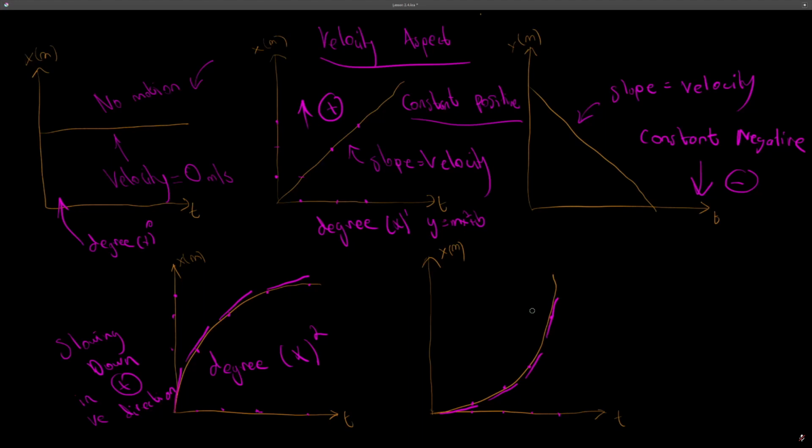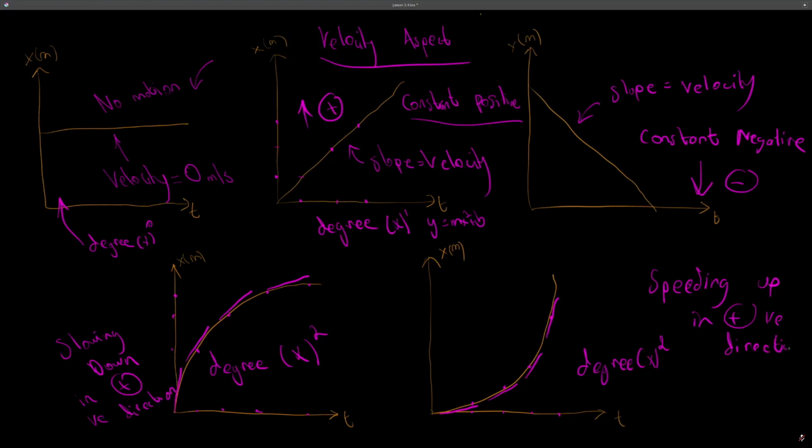So again, it's a parabola, so the degree here is 2, and it is speeding up. Now in which direction? We need to mention direction because it's velocity, so it's speeding up in the positive v direction.